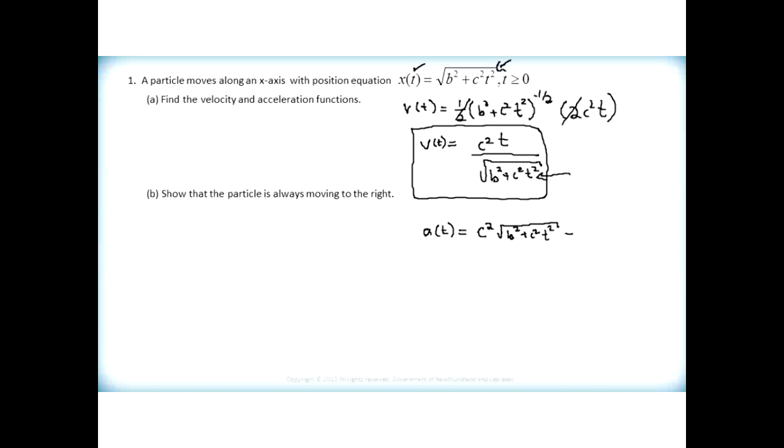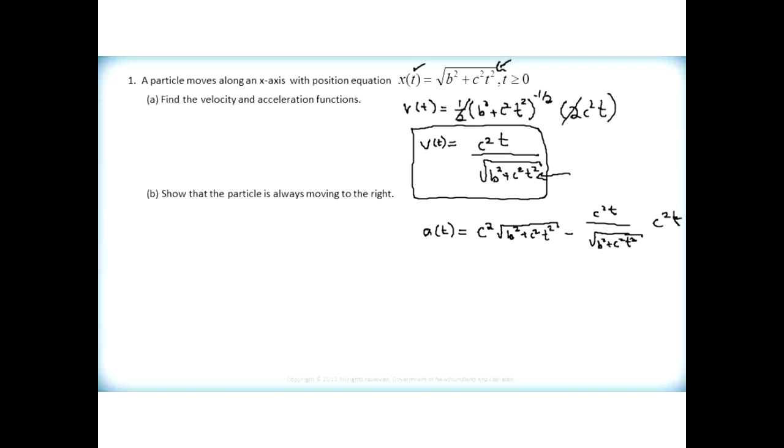So if I write the entire velocity function, I know that that's the derivative of that. So this business right here, c squared t over the square root of b squared plus c squared t squared, is actually the derivative of just the denominator, and then I have to multiply that again by the numerator, which was c squared t again.